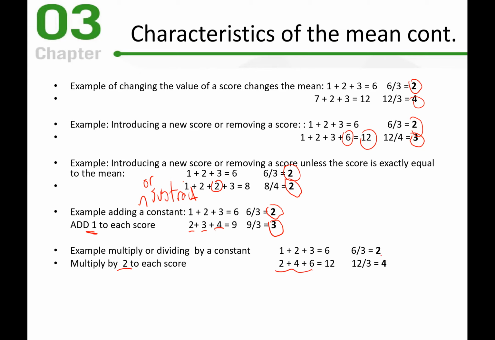If we calculate, the mean is now 2 times the original mean. 2 times 2 is 4. All right. So that kind of illustrates the properties of the mean and how they change if you add or subtract or multiply or divide by a constant, or if you remove a score or add a score. All right, let's continue.